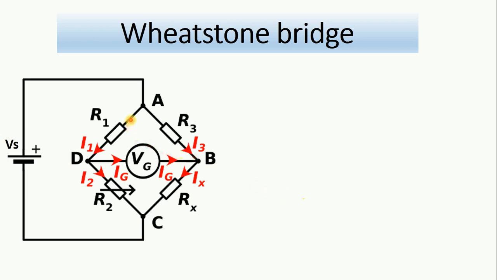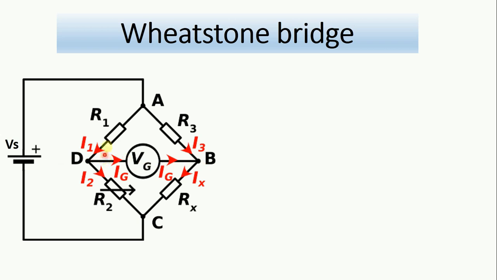If we start by analyzing this balancing, in order that we don't have a potential difference between these 2 points D and B, we put here a galvanometer. A galvanometer is a device to detect the direction of a current. If there is a current flow from the point D to the point B, it will deflect in this direction, and if there is a current flow from the point B to the point D, it will deflect in the other direction.